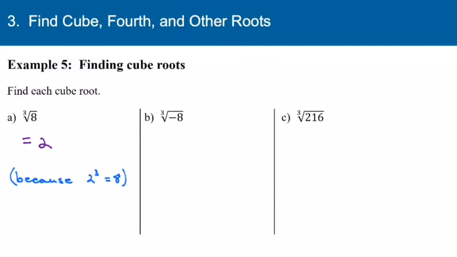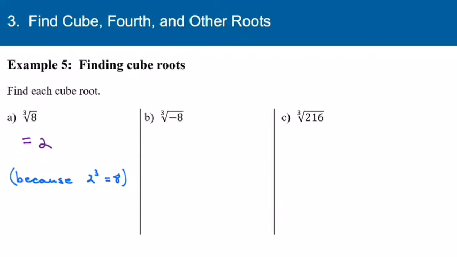Now we don't have the same problem with the cube root as we did with the square root. When we did the square root of a negative number, we saw that that number was not real. But when you raise a negative number to the third power, you get a negative result. So the cube root of a negative number is just another negative number. Here, what is a number that we can multiply times itself 3 times?